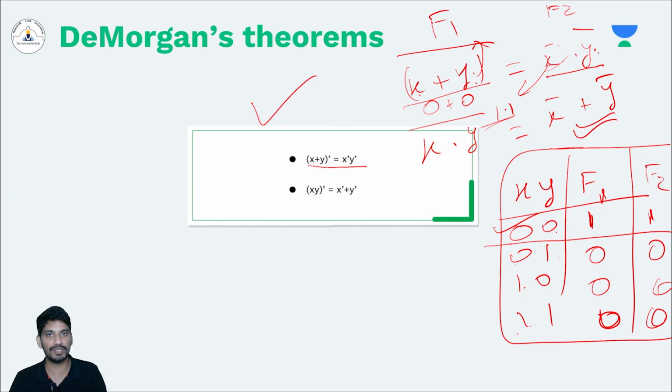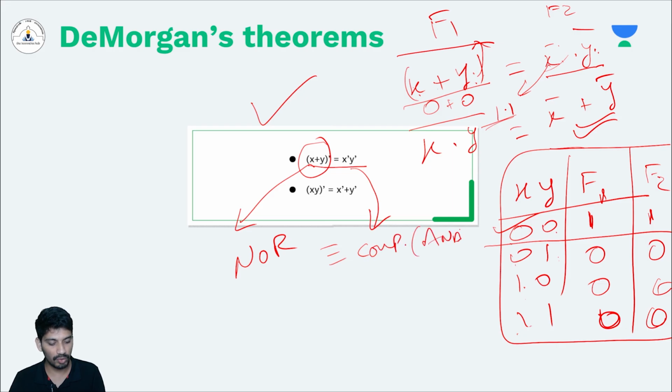So what I am trying to say is, you can see the function, right? This is the function of a NOR gate, OR plus inverter. The NOR gate is equivalent to the complement of an AND gate. So to represent this, let's say a 3 input NOR gate can be equivalent to a 3 input complemented AND gate.